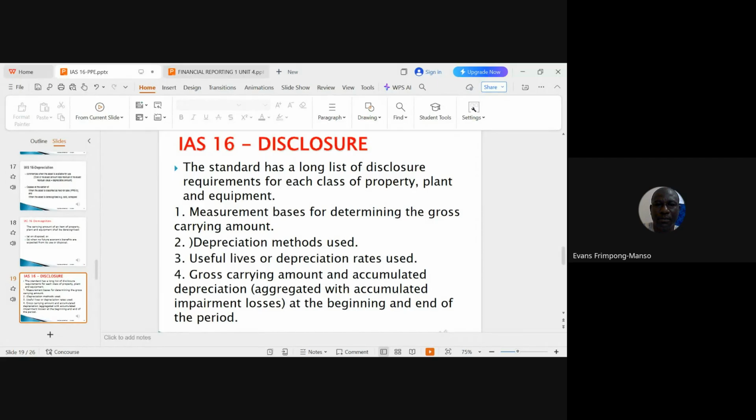So when I ask you, what are the disclosure requirements of property, plant, and equipment as given by IAS 16? You should be able to tell me.